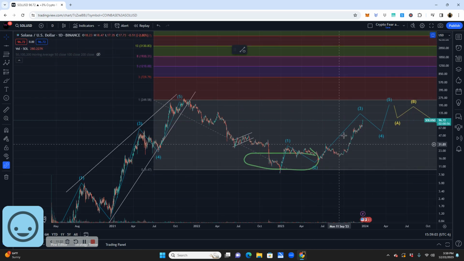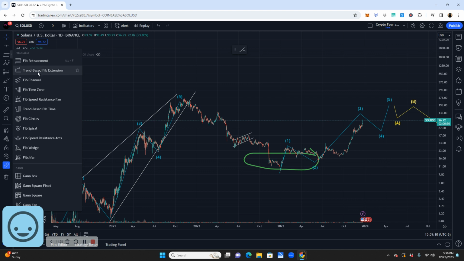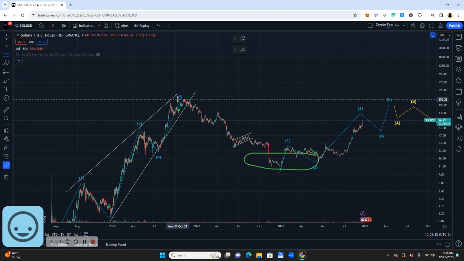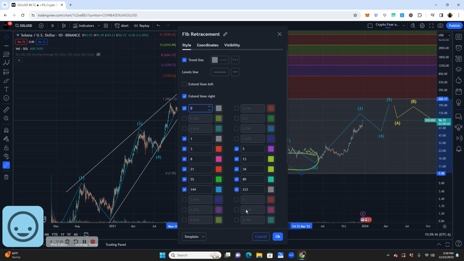Your next level is like 120, I think, is the fib level, so I'm going to pull this off real quick. I shouldn't have pulled that off. So let's go to apply as defaults.